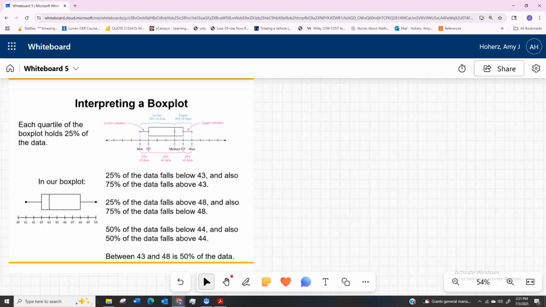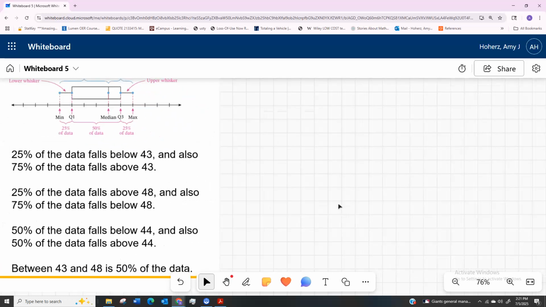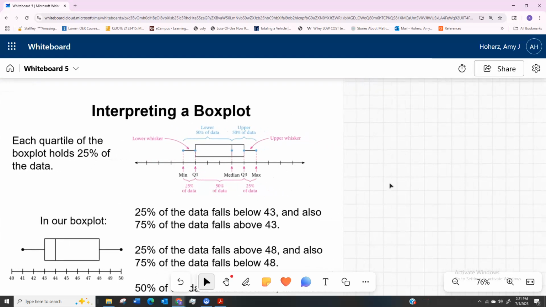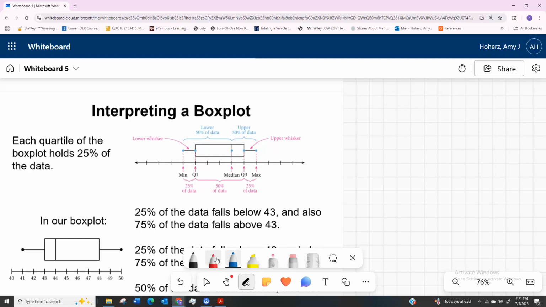In a box plot, remember that each bit is a quarter of the data. So I've marked that on this one real clearly. From the median down to the minimum, remember that that is the lower 50% of the data.